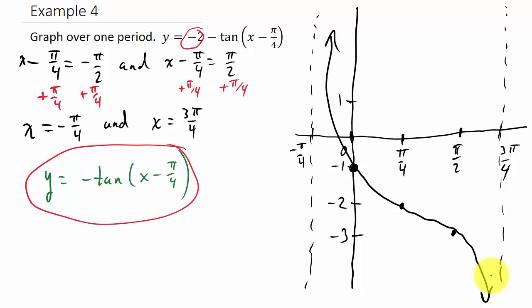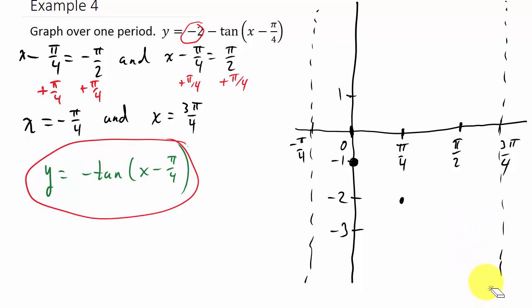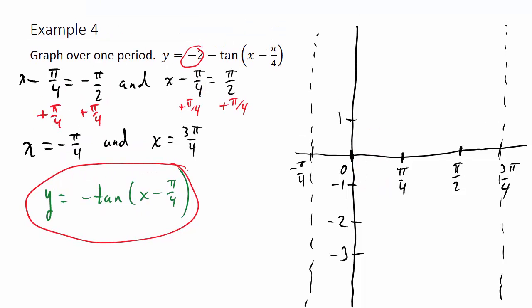Let me show you another way that you can do that might not be as bad. Let's see if I can erase that dot. Alright, so another way you can look at it is, you see the y equals negative tangent x minus pi over 4. Just look at that.